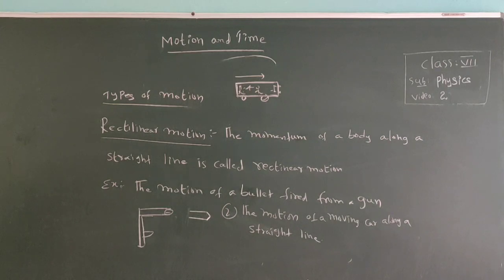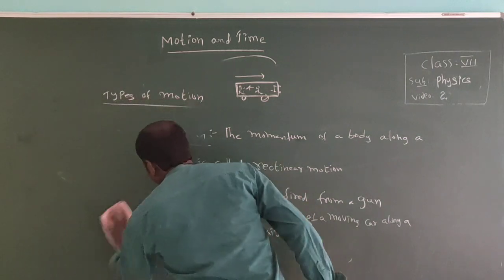Next, curvilinear motion. The movement of a body along a curved path is called a curvilinear motion or circular motion.